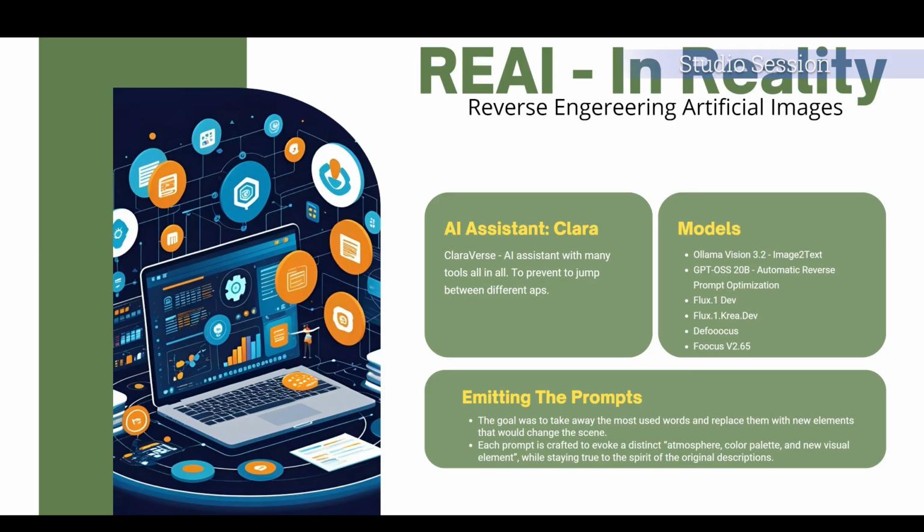A lot of fancy words here, but that's it. And I also use the Flux Dev model and the Flux Krea model, and Defocus and Focus. I just tossed in Focus version 2.65 as a bonus. Okay, so the Ollama Vision 3.2, I'm using inside an AI assistant called Clara.